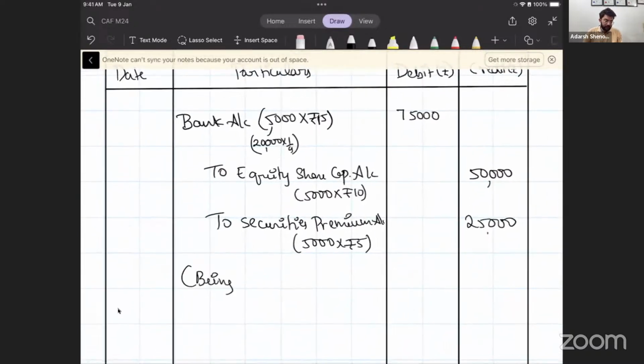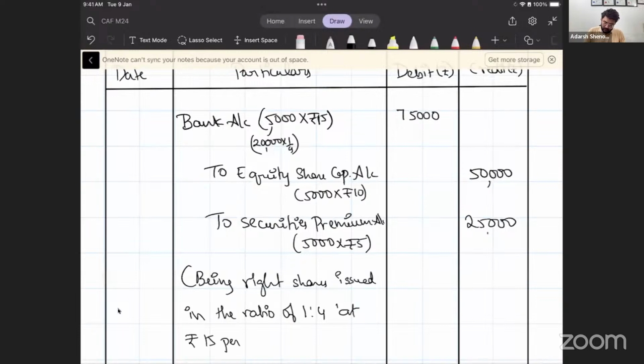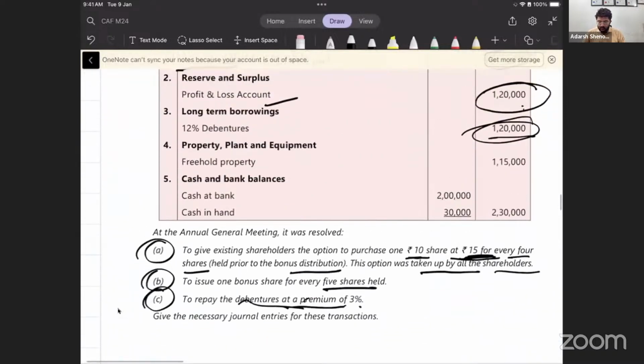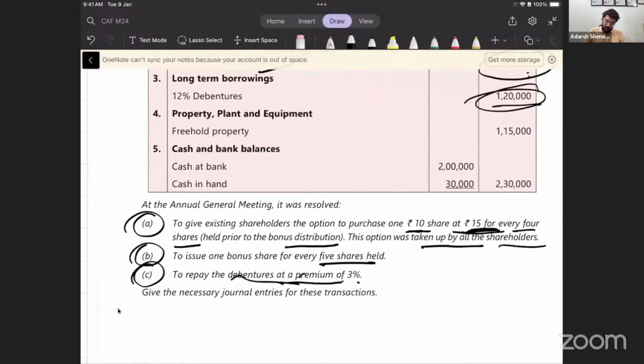Being right shares issued in the ratio of 1:4 at rupees 15 per share. Okay, right issue. There's nothing to worry. Right issue that is a normal issue.